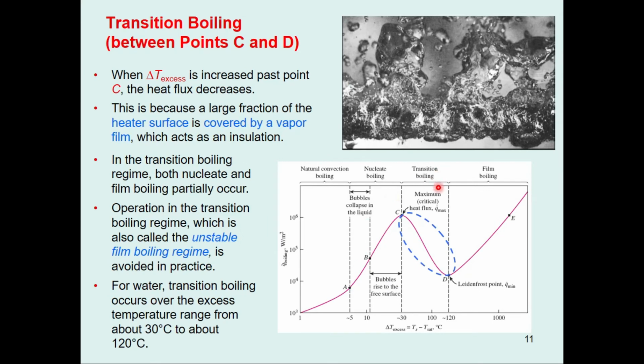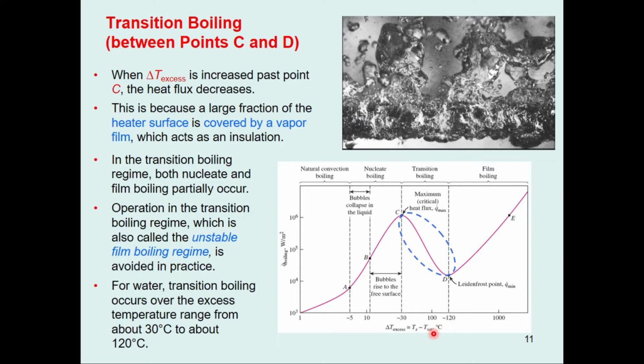So the third regime is the transition boiling, right? In this we have to see the boiling curve from point C to point D. This is point C and this is point D. So the overall perception is when we increase the delta T excess, which is the difference between the surface temperature and the saturation temperature, right?